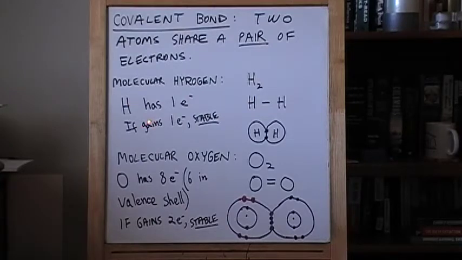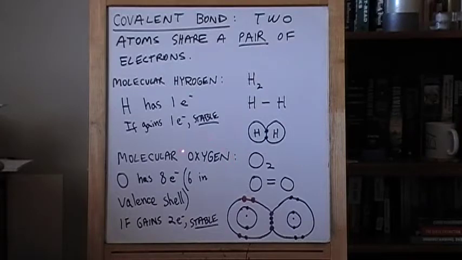But if hydrogen gains 1 electron, then its electron shell is filled, and that's very stable, and so hydrogen will tend to form this covalent bond in order to get that fully filled electron shell. Notice that if 2 hydrogen atoms share an electron pair, they both have a filled electron shell with 2 electrons.